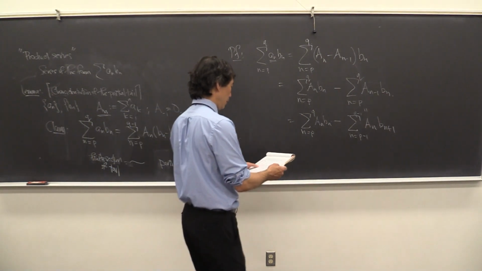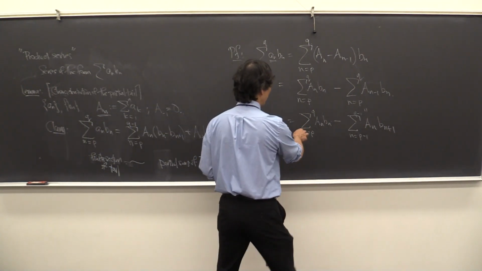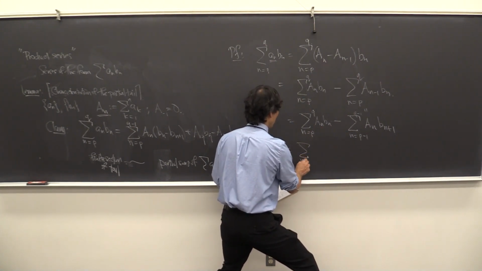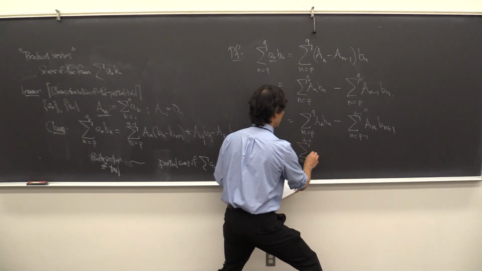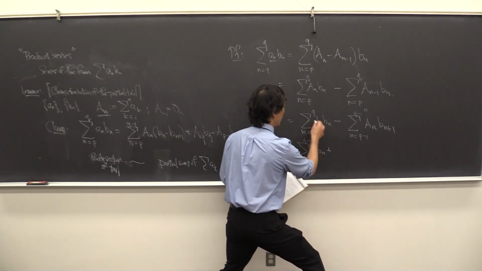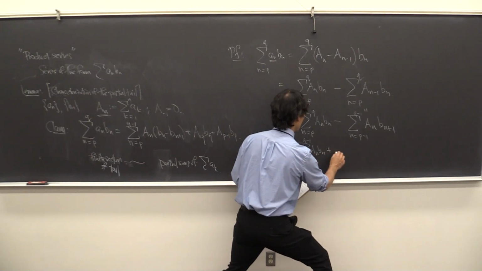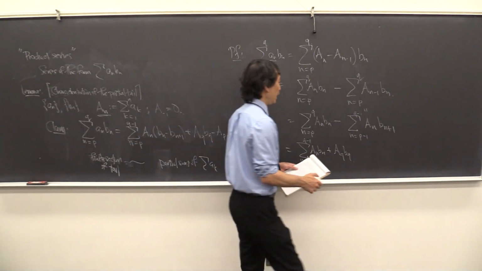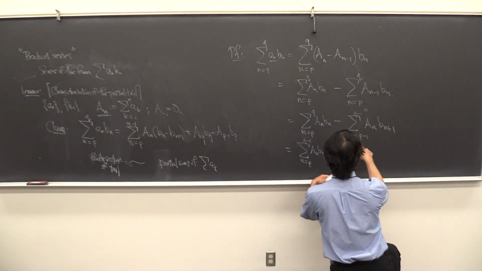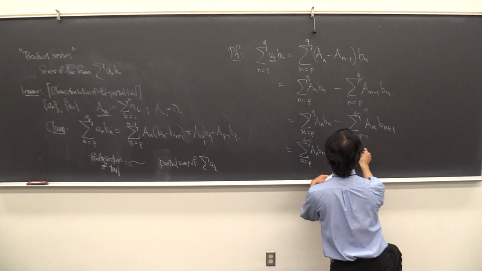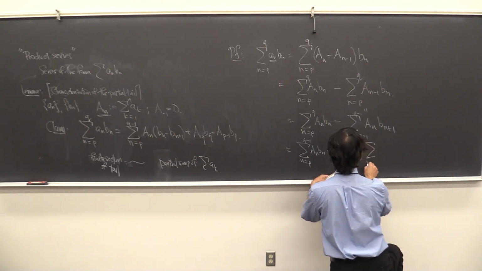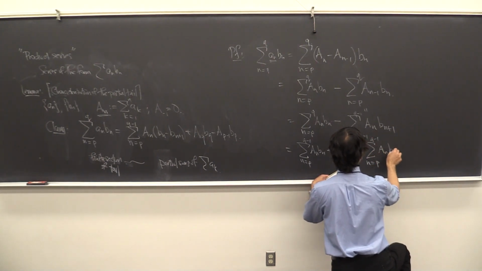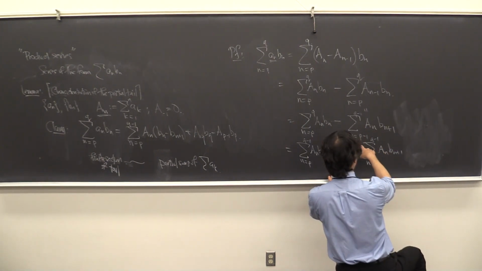So then we separate it. We peel off the top term here. We write this as n goes from p to q minus 1, A sub n, b sub n, and we pull off the top term, which is A sub q, b sub q. And for the other sum, we peel off the bottom term, since it goes from p minus 1.